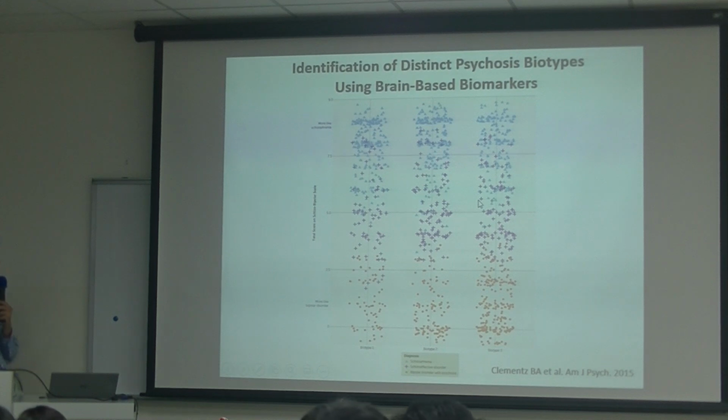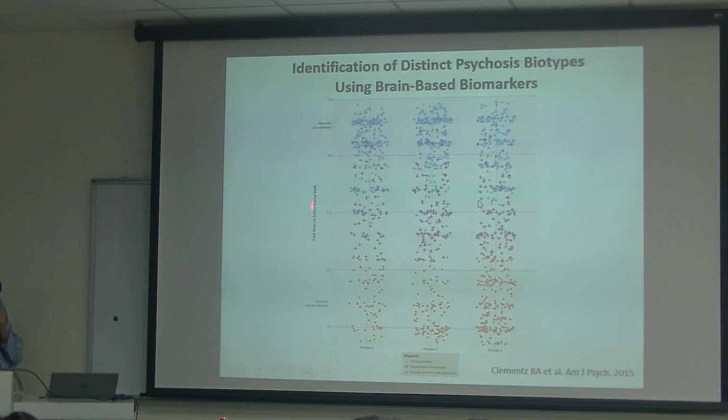One way we can do this is based on the cognitive functions. We know that schizophrenia or bipolar patients all have a certain degree of cognitive decline. Their memory becomes worse, and their executive function is not as good as a normal person's.